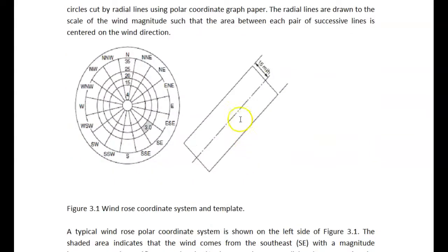So when you go back, you see that we pick these wind roses, consisting of concentric circles cut by radial lines. So we pick this template and place it in such a way, because half of this template is 15 miles per hour.